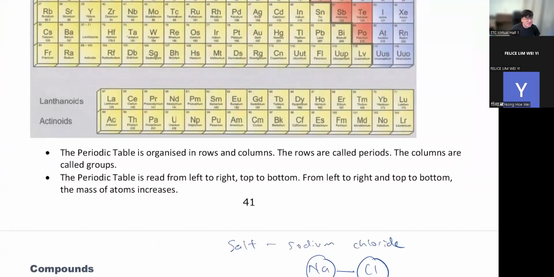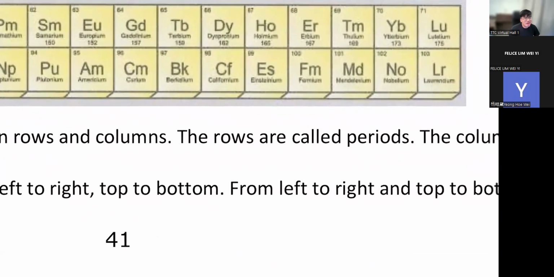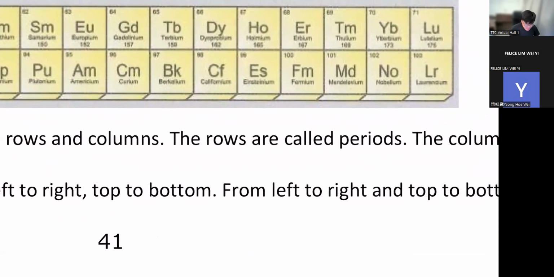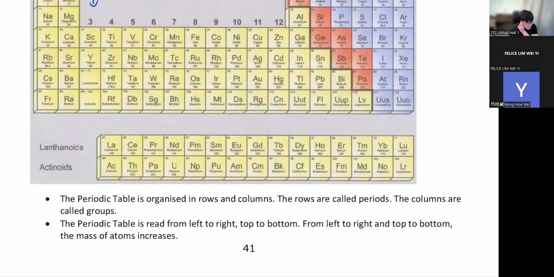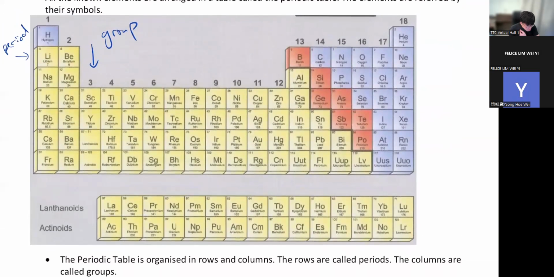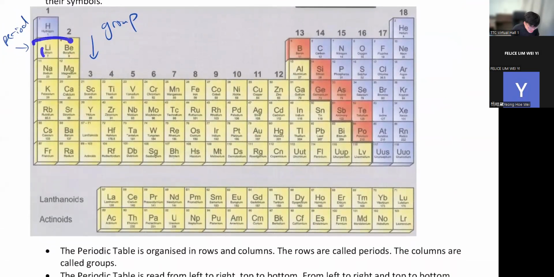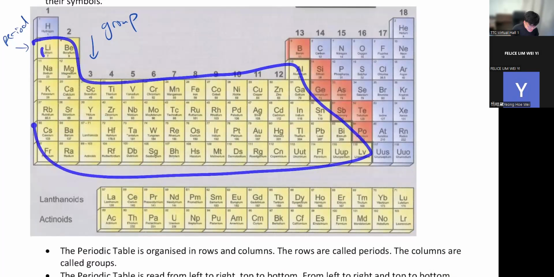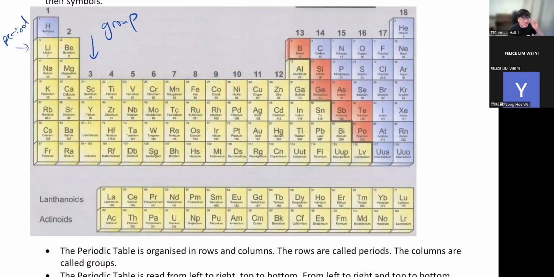So all these, you see, they are discovered by people, and you have Einsteinium, okay, weird names like that. So one more thing you need to know, you need to know where's the metal. The yellow color one is the metal, 金属, and then blue color is the non-metal, 非金属. Very weirdly, your hydrogen is here.